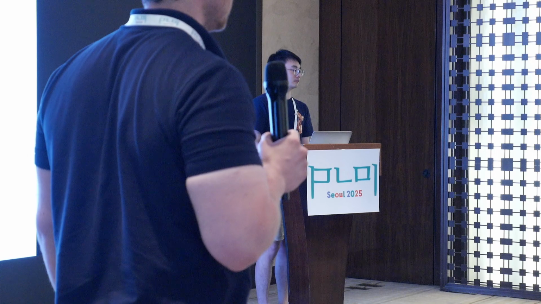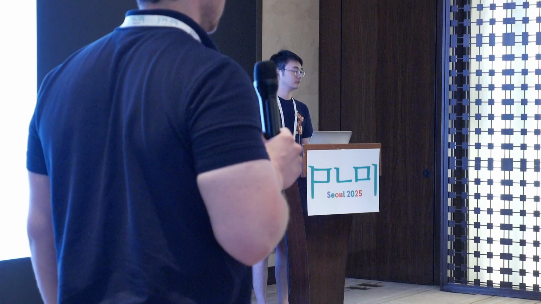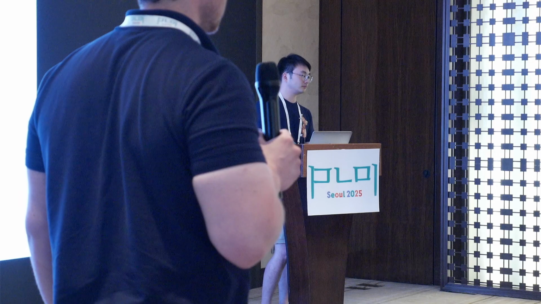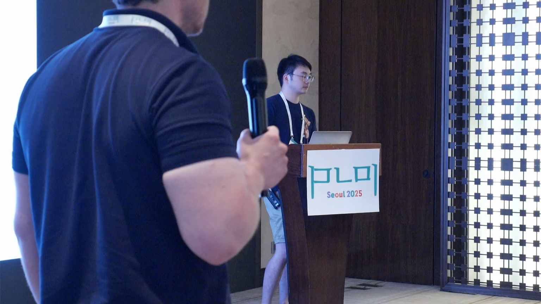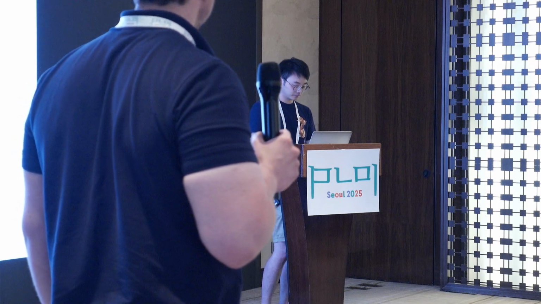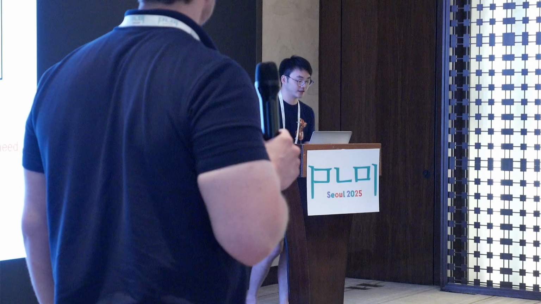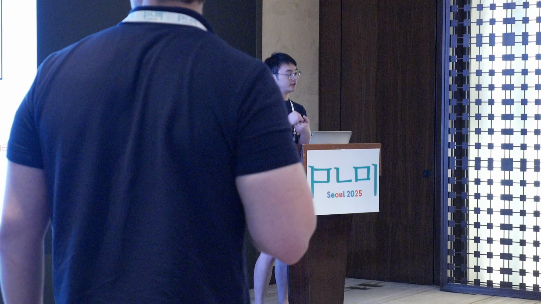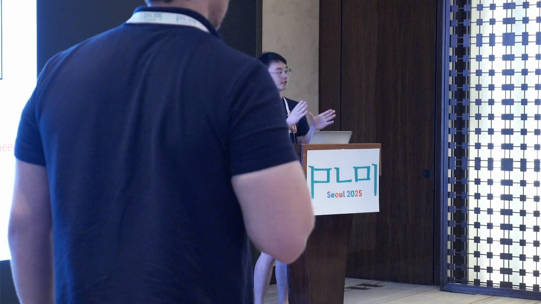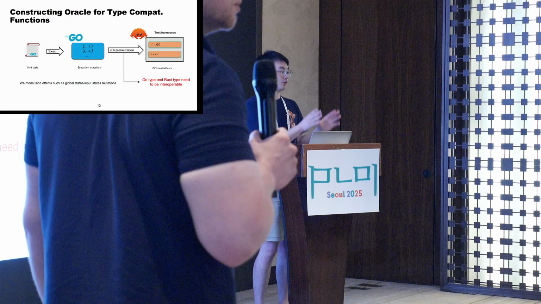Another question over here, please, in the front. Hi, I wonder how you check the equivalence of the two codes. Why is the Rust code considered a correct translation of the original Go code? Yeah, thanks for the question. As discussed in the previous slides, we construct oracles by using existing unit tests from the Go repository.